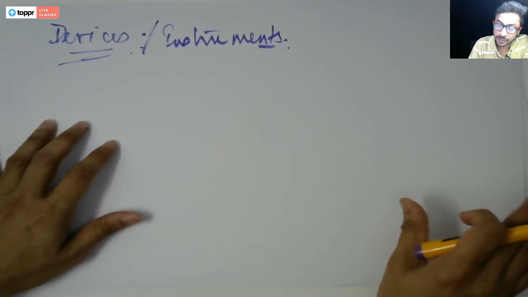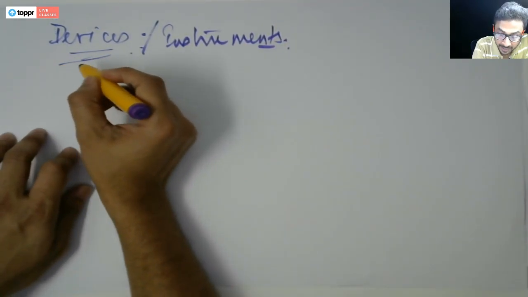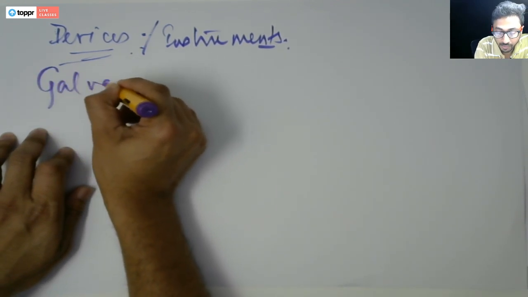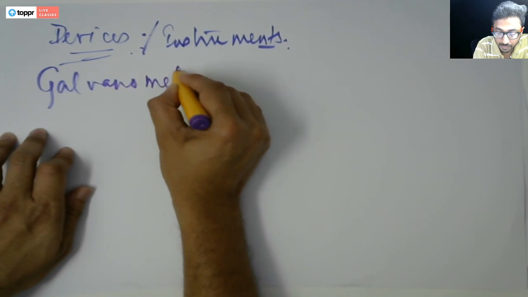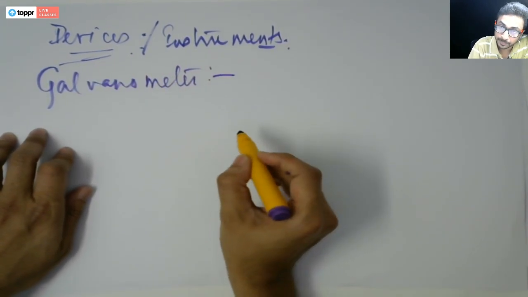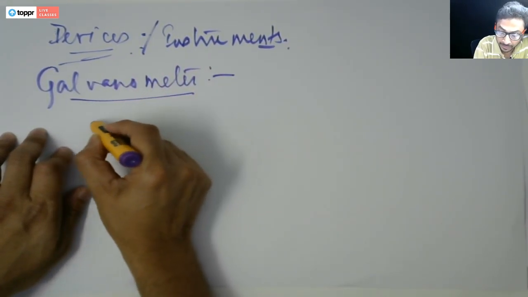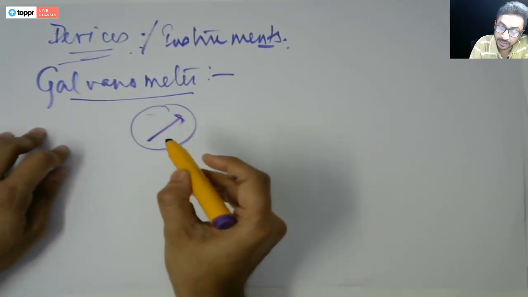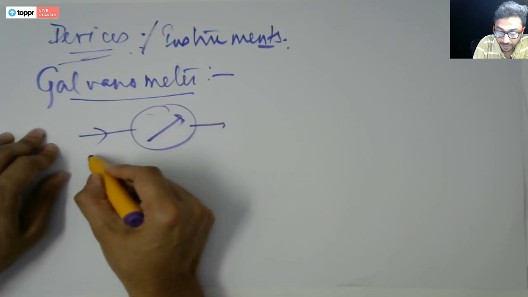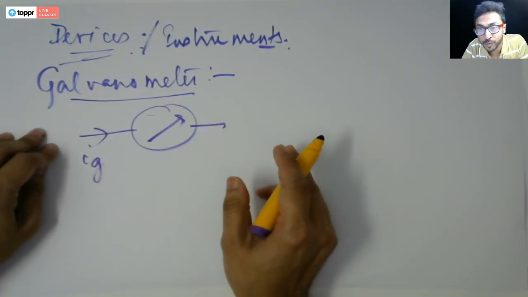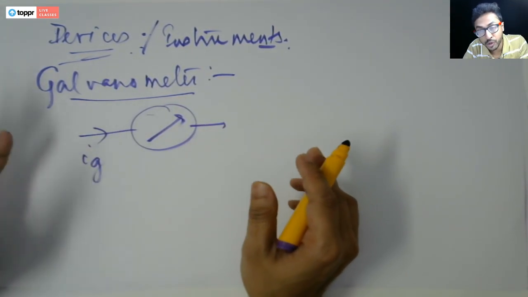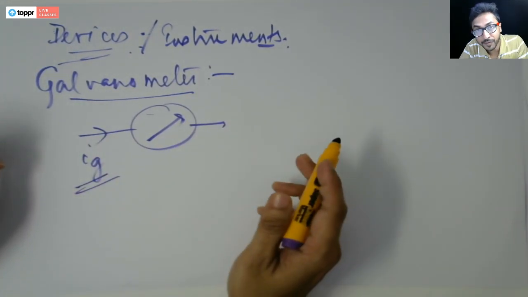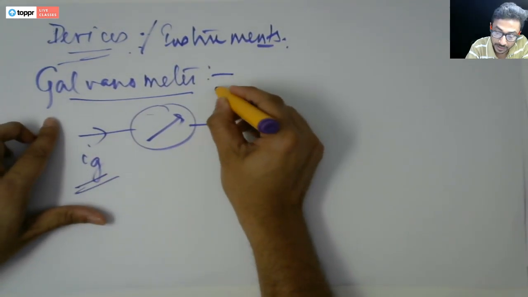The basic device that is used to measure current is called a galvanometer. This instrument has a pointer. If Ig current flows through the galvanometer, the pointer will show a deflection. The deflection will be proportional to the amount of current flowing through the galvanometer.